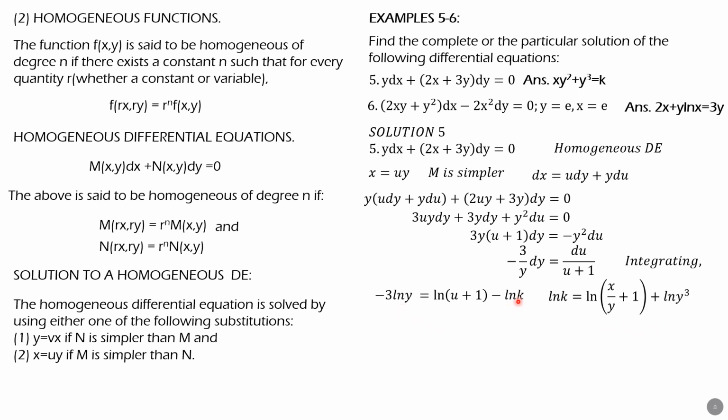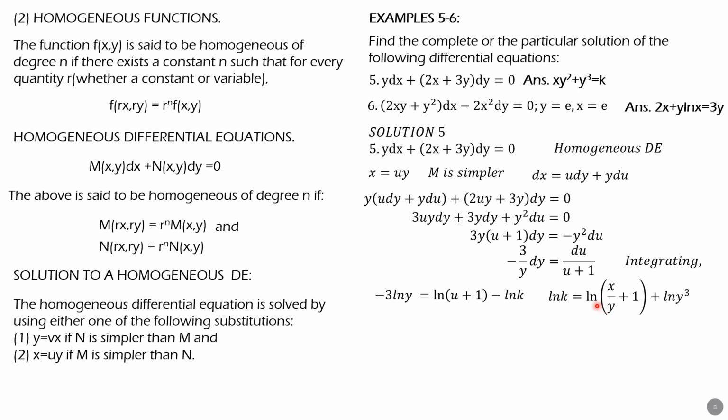So ln of k equals ln of u, and u is x over y from here, plus 1, then plus ln of y cubed, which is originally 3 ln of y.